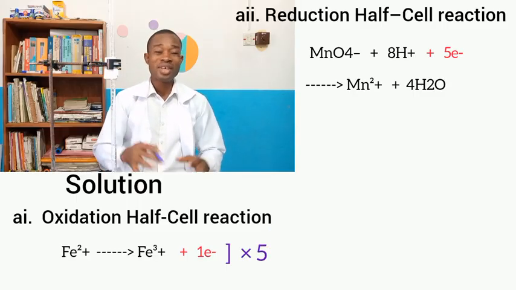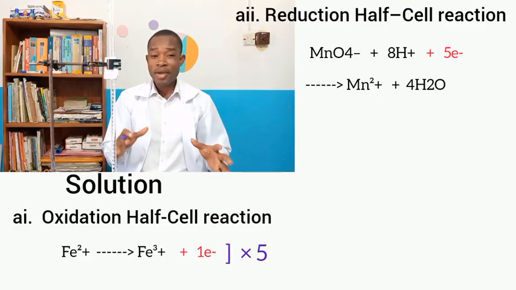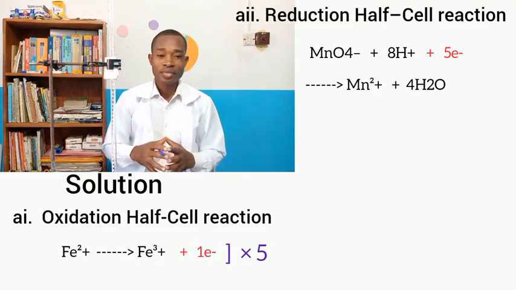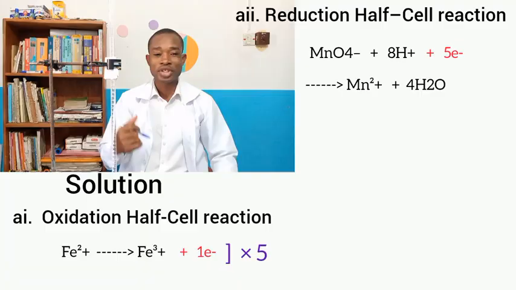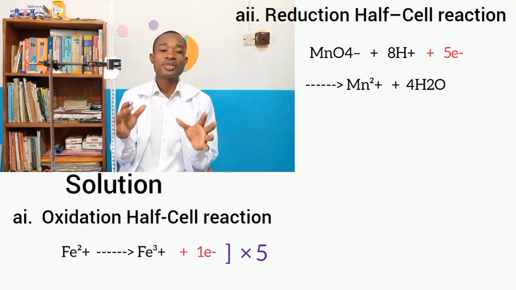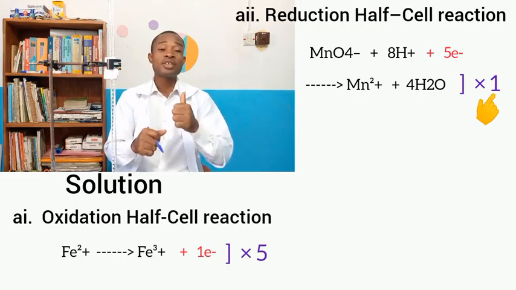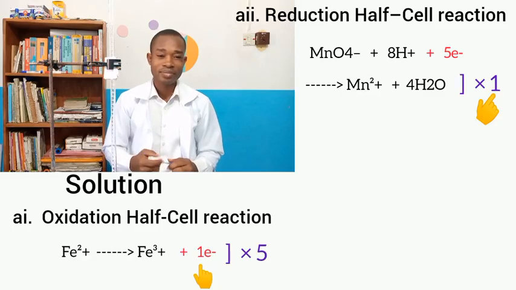Then we move on to the main reduction reaction process. Now remember that in the oxidation reaction we added 1 electron. So going back to our reduction reaction equation, that half cell reduction reaction equation will be multiplied by 1. That 1 is because of the 1 electron we added to the oxidation process.